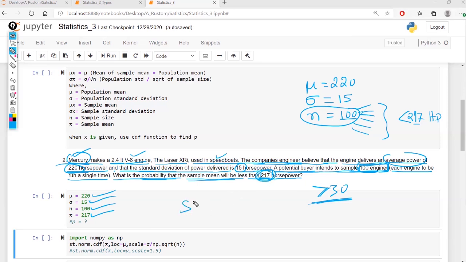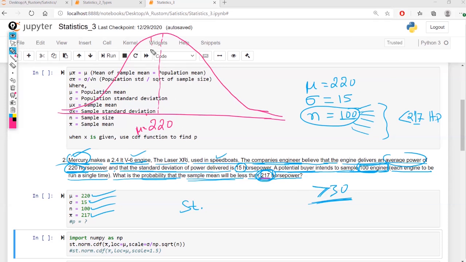So again, I'm going to use st. Let's first of all plot the distribution here. This is how the distribution looks. And what is the mean? He says 220 horsepower. Now we want to check for 217. So I can say that it falls somewhere here, right?